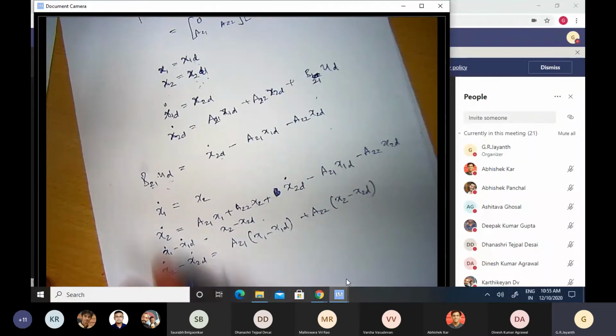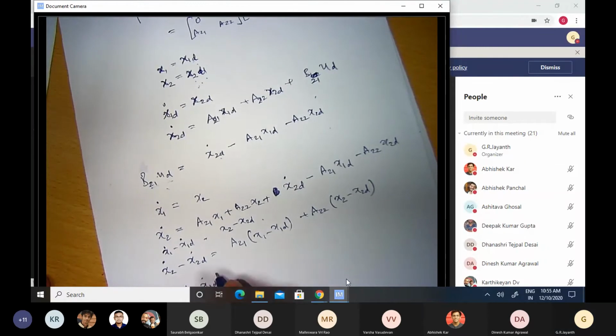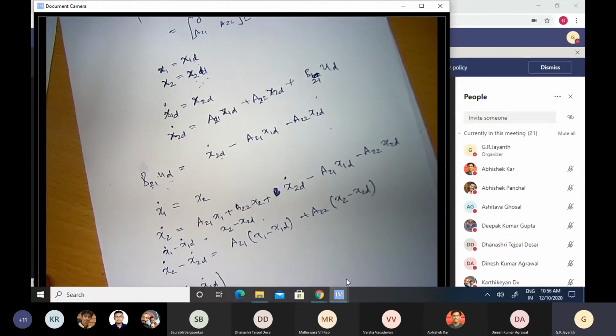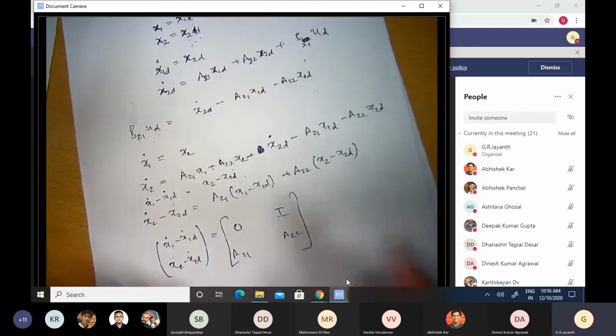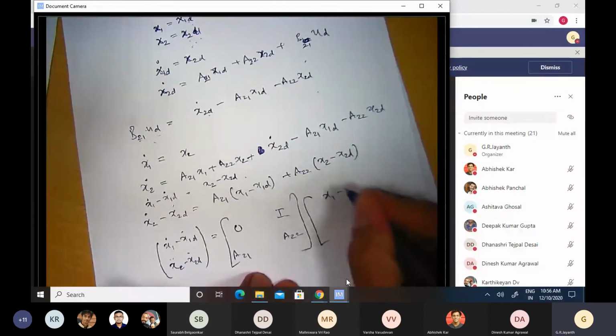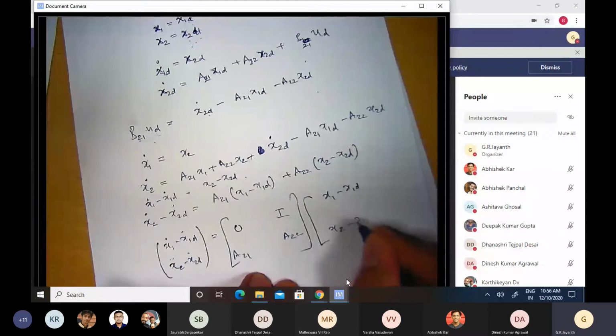Now I combine these two together, I get x1 dot minus x1d dot, x2 dot minus x2d dot is equal to 0, I, A21, A22. In other words, the same matrix A times x1 minus x1d, x2 minus x2d.